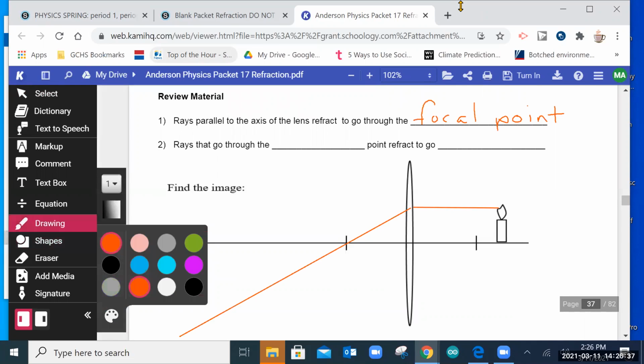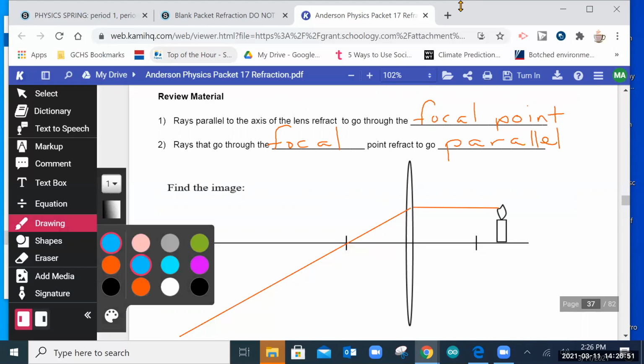Number two, rays that go through the focal point refract to go parallel. And let's draw a picture of that.